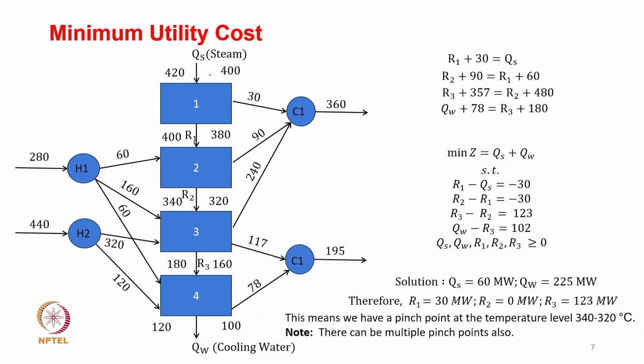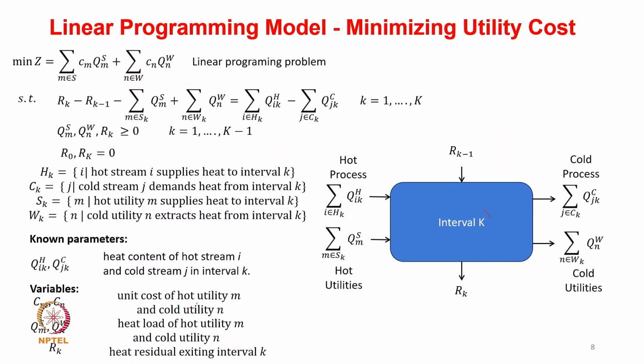There is nothing like R0, R0 becomes Qs, and nothing like R4, R4 becomes Qw. So when we write this equation in a general fashion, we acknowledge that there is no R0, so R0 is equal to 0, and there is no Rk, so Rk will be equal to 0. So your numbers only start from R1 to Rk minus 1.